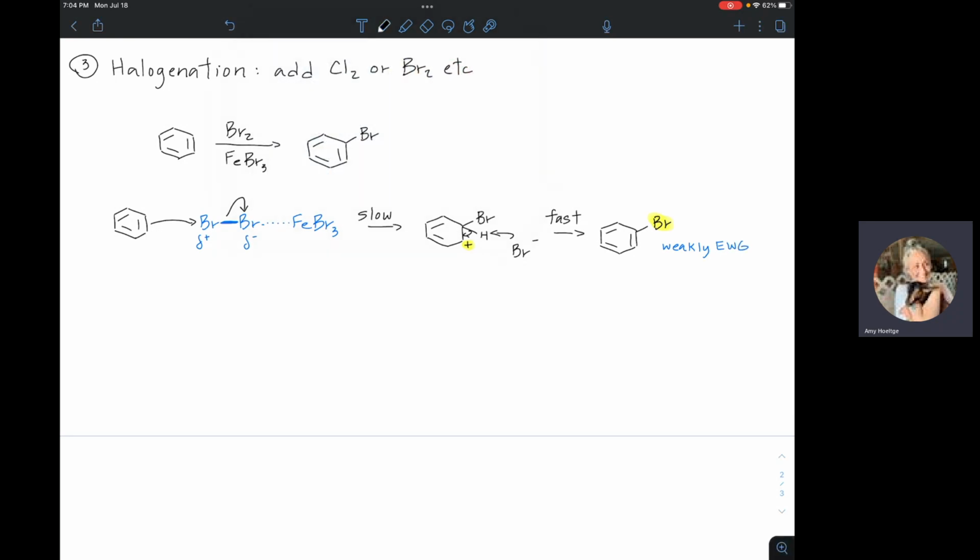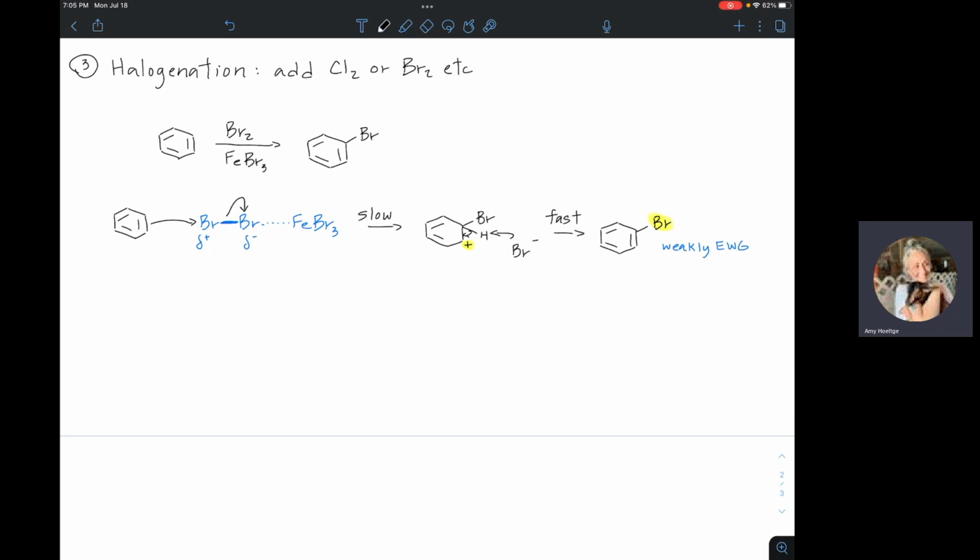The halogens will be the one example when we go through the directing effects where you have an electron withdrawing group and you're deactivating the ring, but they direct to a position you might not expect. So the electron withdrawing groups are going to direct to the meta position, which I'll explain when we go through those types of reactions. And we did that a little bit with the nomenclature.